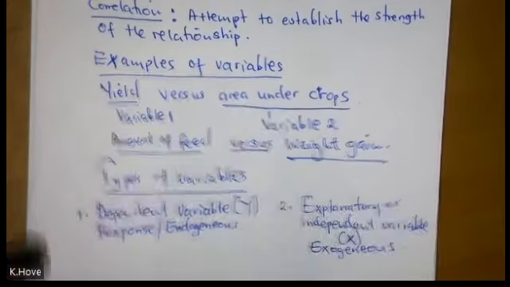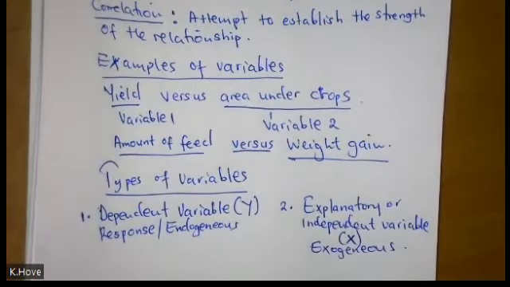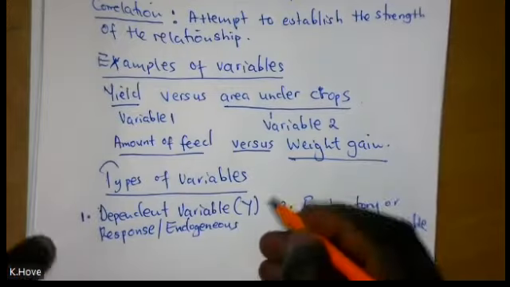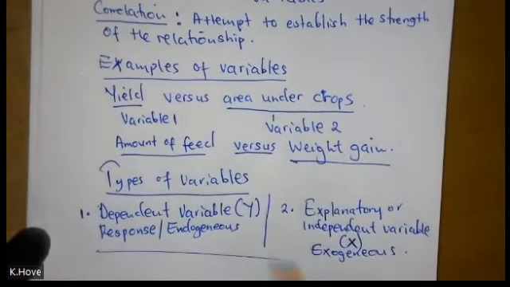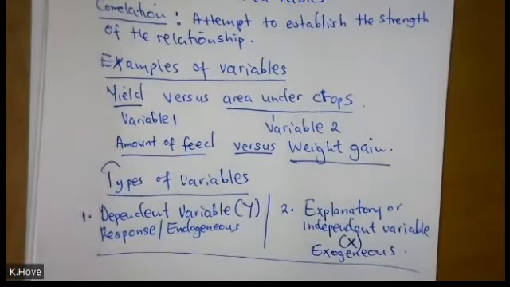This endogenous is used in economics terminology. So these are the groups of variables where a relationship seeks to be established: a dependent variable and an independent variable.